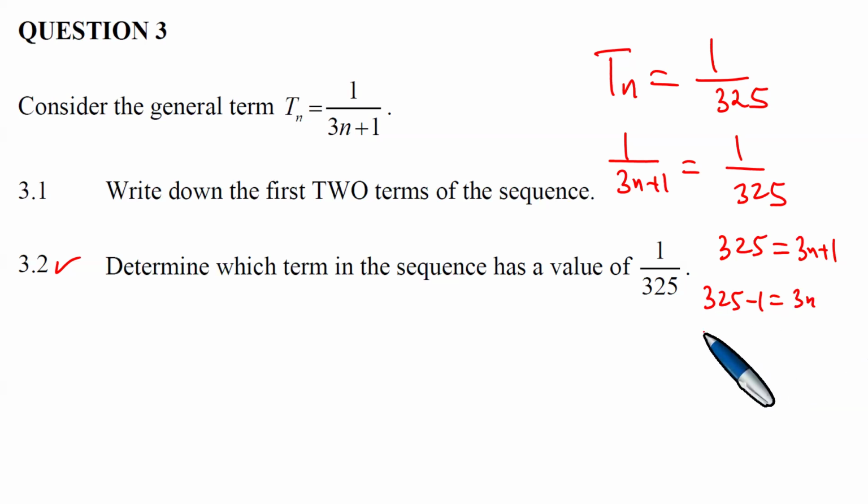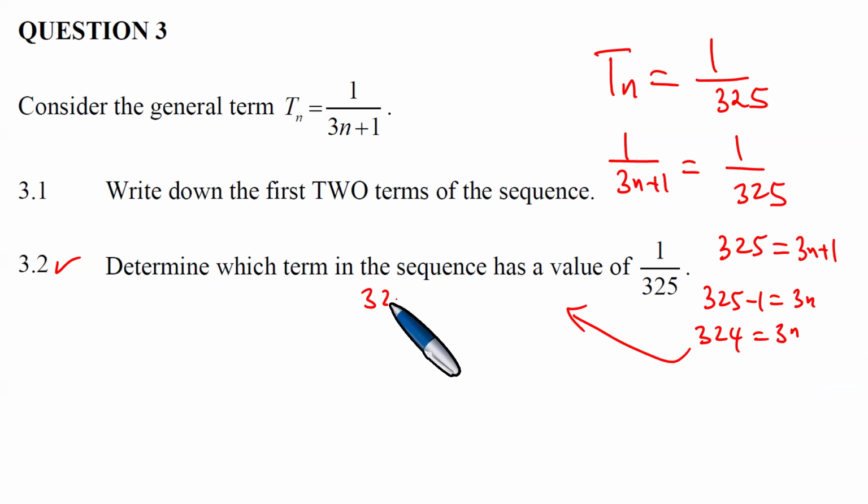What is 325 minus 1? It is 324. So if we have 324 equals 3n, you divide the left by 3 and the right by 3. What is 324 divided by 3?